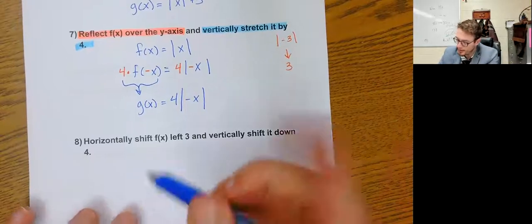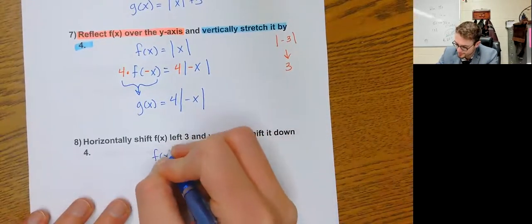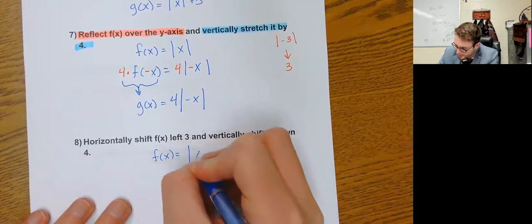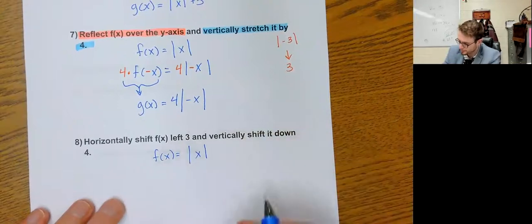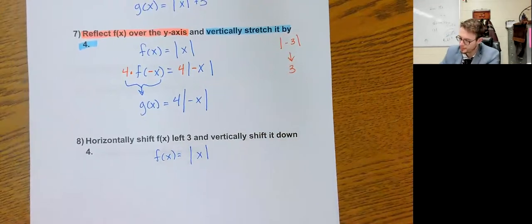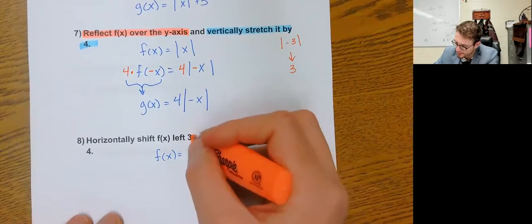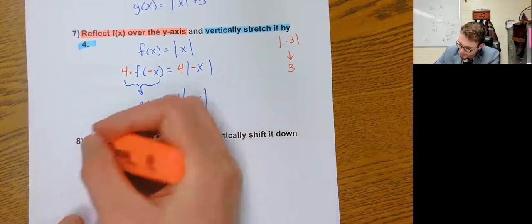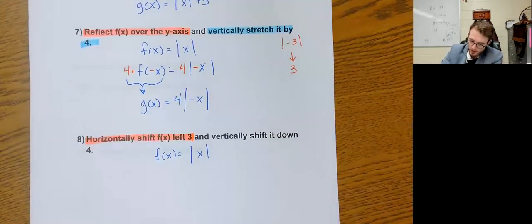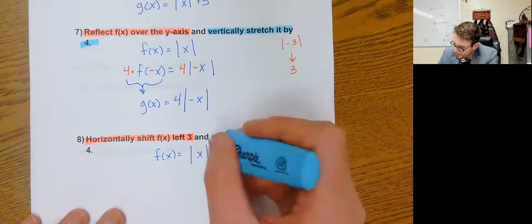All right, next one we have f of x equals the absolute value of x. We are going to want to horizontally shift this left 3. And we are going to want to vertically shift it down 4.